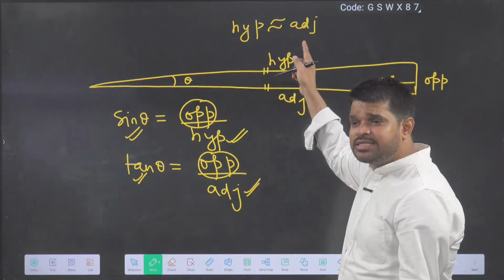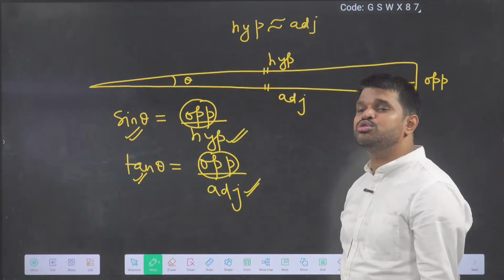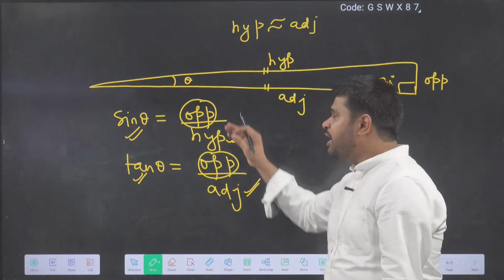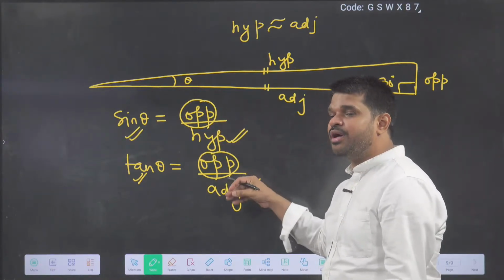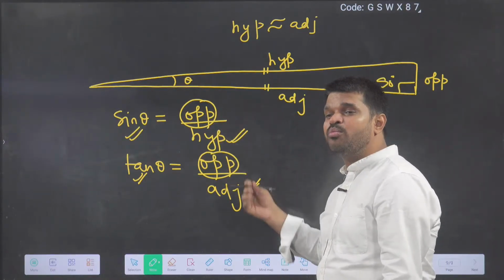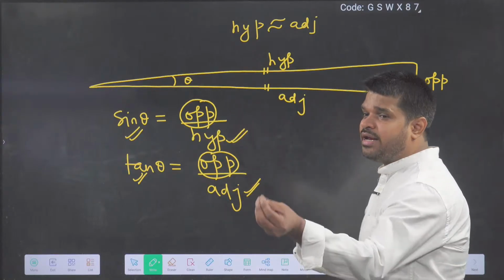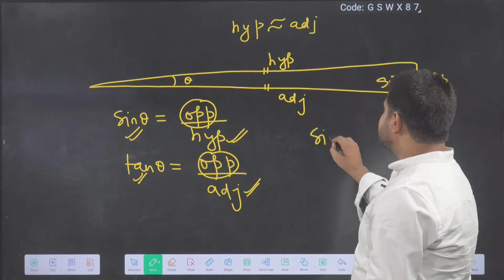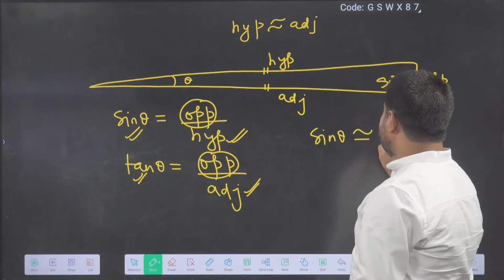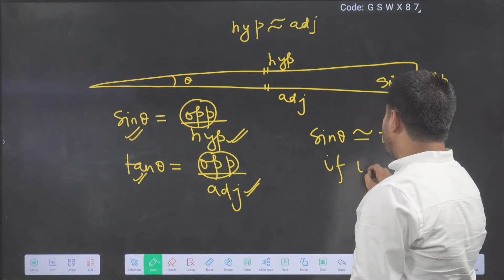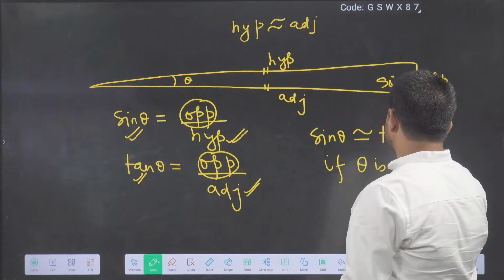Hypotenuse and adjacent are almost equal, so the denominators are almost equal and the numerators are the same. So are these two equal or unequal? They are equal. So I will write sine theta is approximately equal to tan theta if angle theta is small.